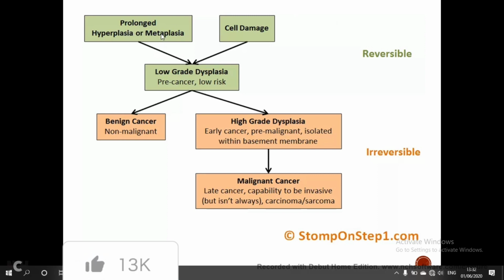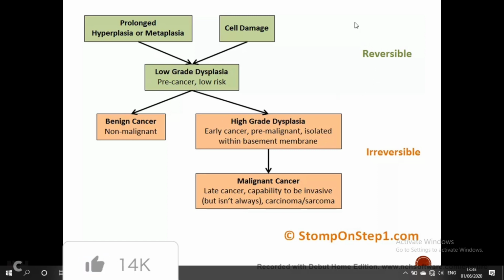So this prolonged metaplasia or hyperplasia or any kind of cell injury occurring within the cell can lead to low-grade dysplasia. Low-grade dysplasia is a disorderly growth. The cells begin to change their shape and size, and obviously their function also. So they are precancerous cells, but still the dysplasia is low grade. We divide dysplasia into low grade and high grade.